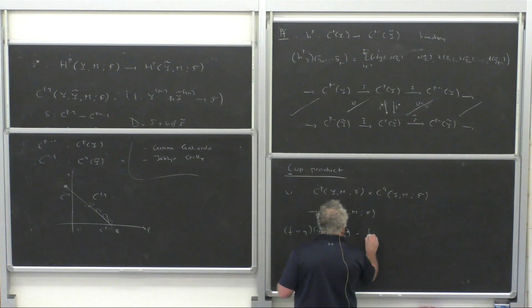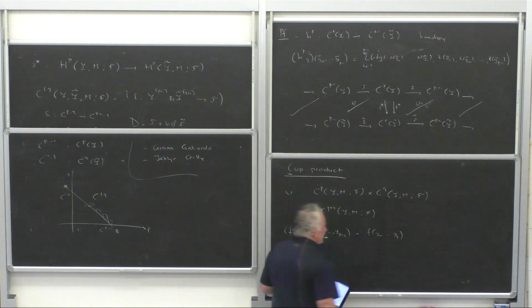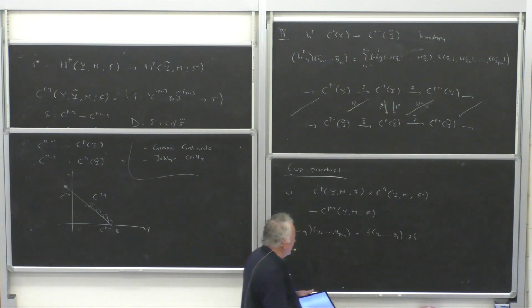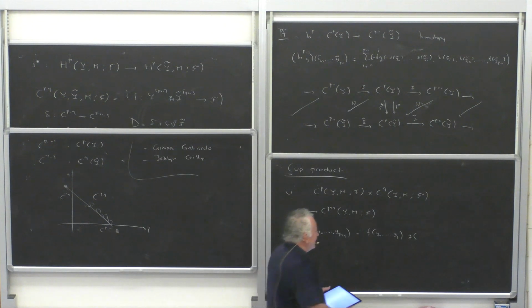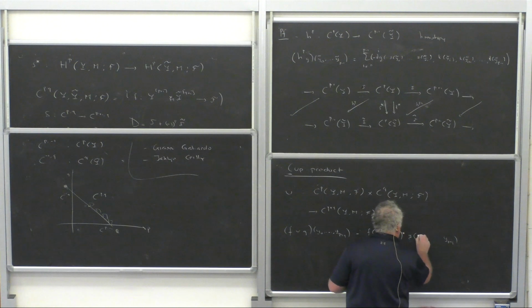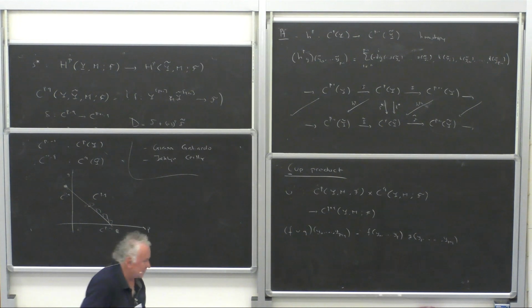So I need to say how this acts on p plus q. I can of course just take the first p variables here, but if I want to take the last variables here, you'll see that I need to start here with y_p to have enough variables. And that becomes the degree shift.